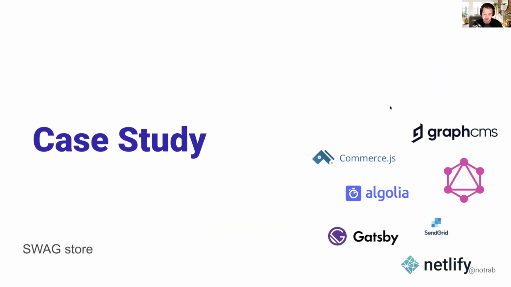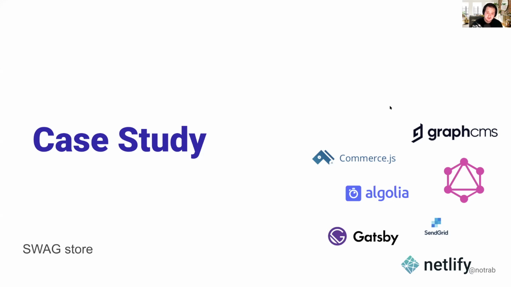This is being able to use tools like Gatsby to source data from other tools and bring those all together. So we are using Algolia for search, Commerce.js for e-commerce, GraphCMS for enhancing and creating marketing pages on the product site as well. We're then delivering emails to customers to say their orders have been successful with SendGrid. We're deploying to Netlify, building the site with Gatsby, and all of that uses GraphQL.